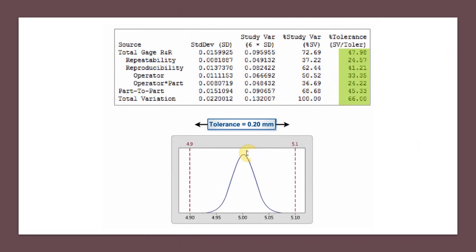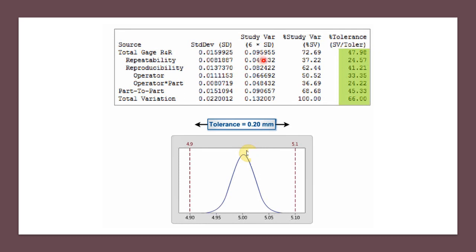To answer this question, let's look at the output when tolerance is incorporated into the gauge R&R study. The percent tolerance column shows the different sources of measurement variation compared to the tolerance.